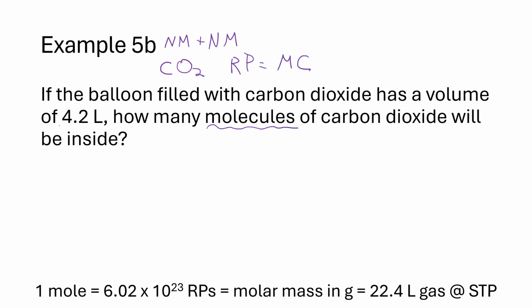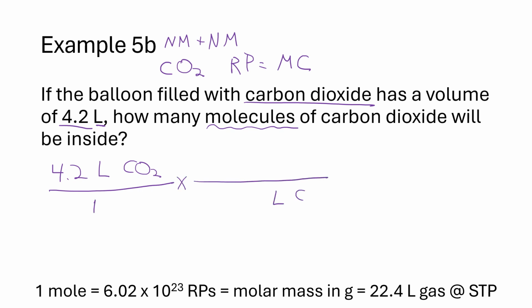So let's start with our number, our unit, and our chemical over 1. So 4.2 liters of carbon dioxide over 1. And I need liters of carbon dioxide down on the bottom. And I need molecules of carbon dioxide on the top.